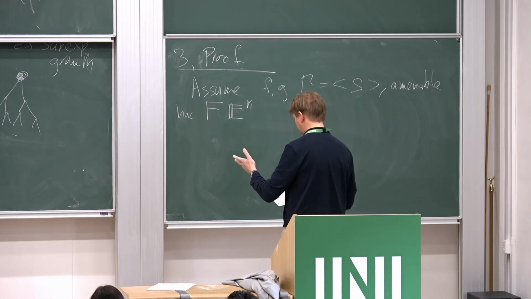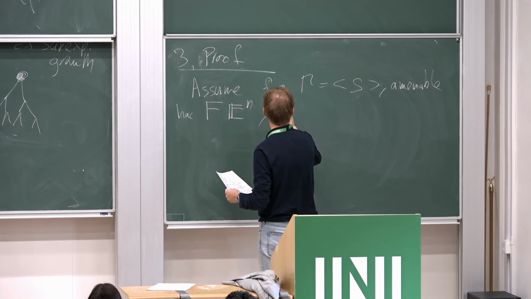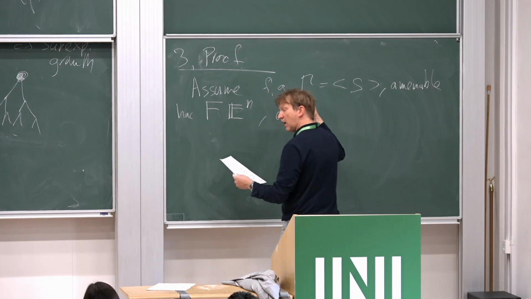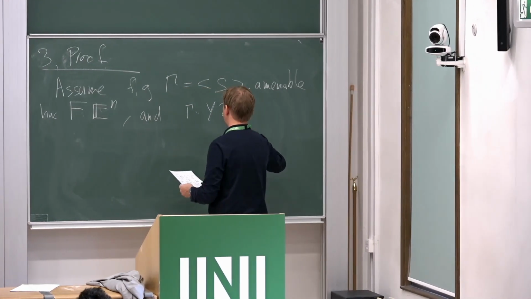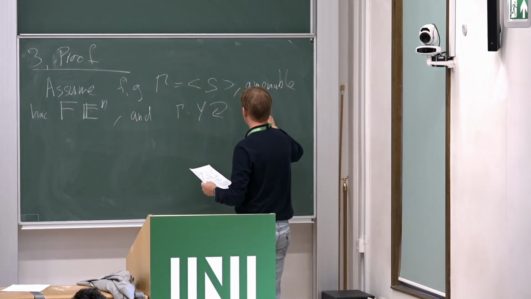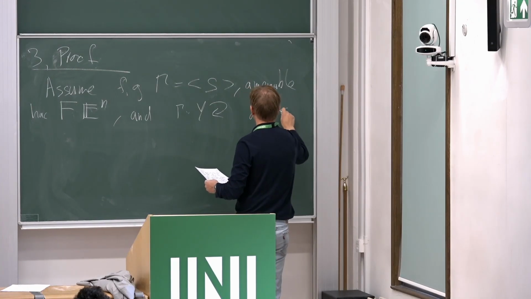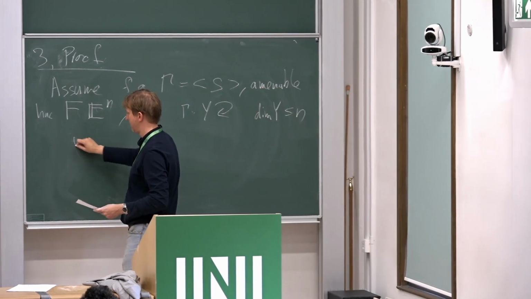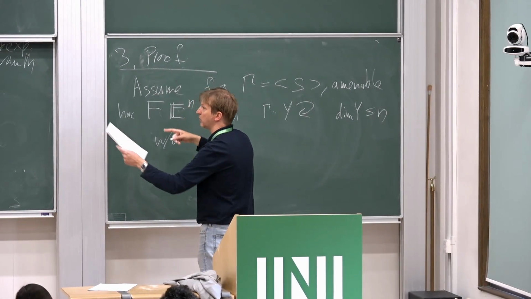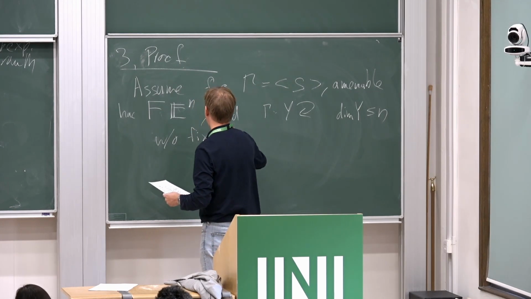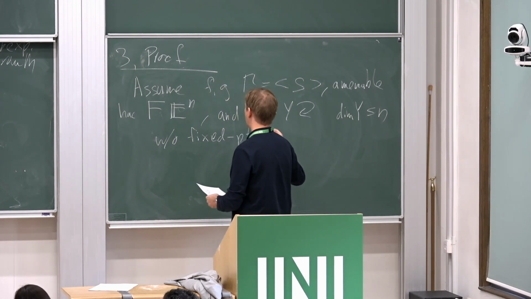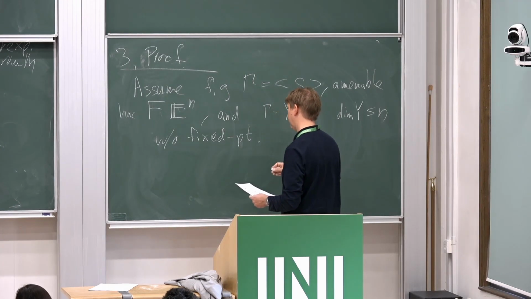Now, seeking a contradiction, we say we have found an action by isometries on a CAT(0) space of dimension at most n without a fixed point, which the theorem says is not possible. That's what we want to prove, so we're seeking a contradiction.